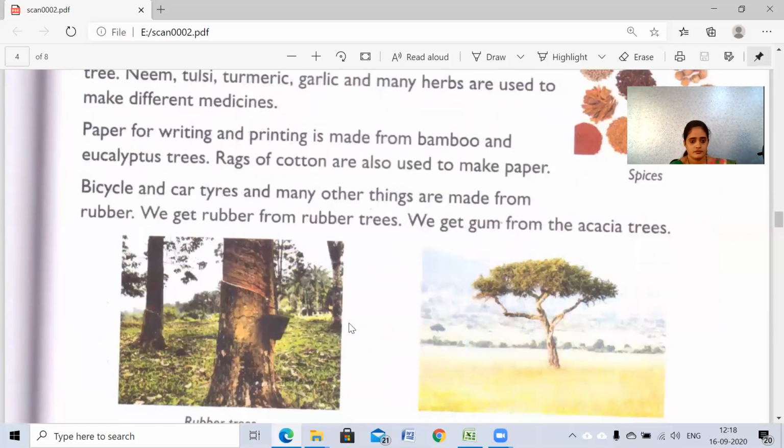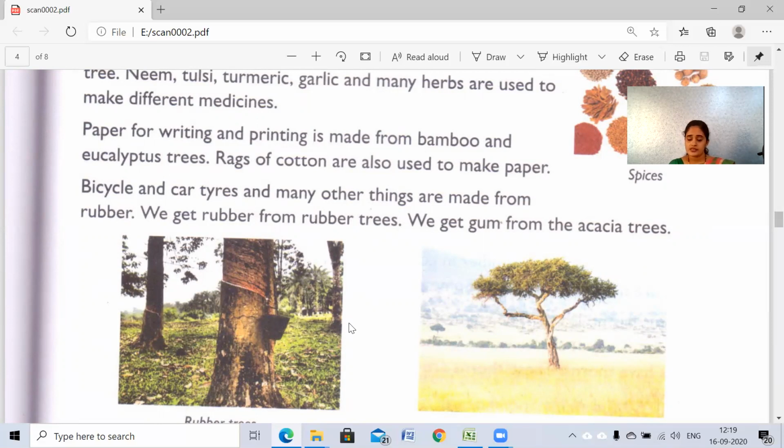Bicycle and car tires and many other things are made from rubber. Isn't it, children? We get rubber from the rubber tree. If you see in our surroundings, there are a number of vehicles.